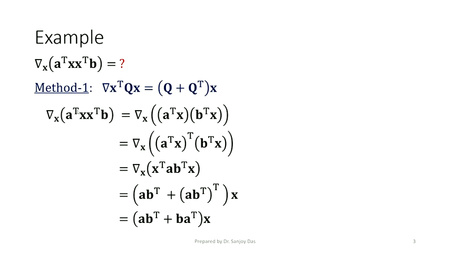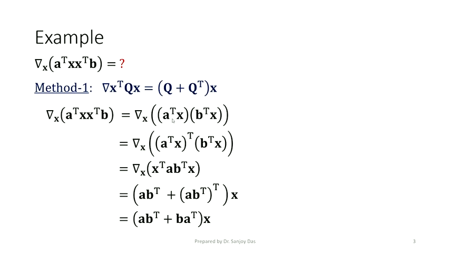Derivative of a transpose x, x transpose b equals derivative of, I group these two together. Note that this is a scalar. a transpose x is a scalar, and this is x transpose b. Well, I wrote b transpose x here, but that's x transpose b, which is the same as b transpose x, because it's a scalar.